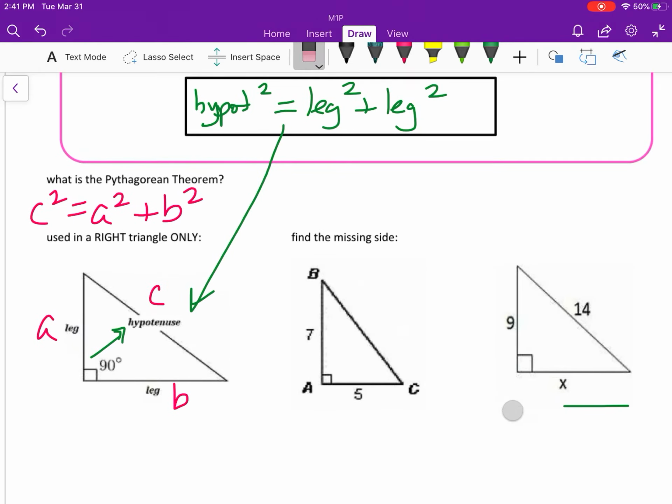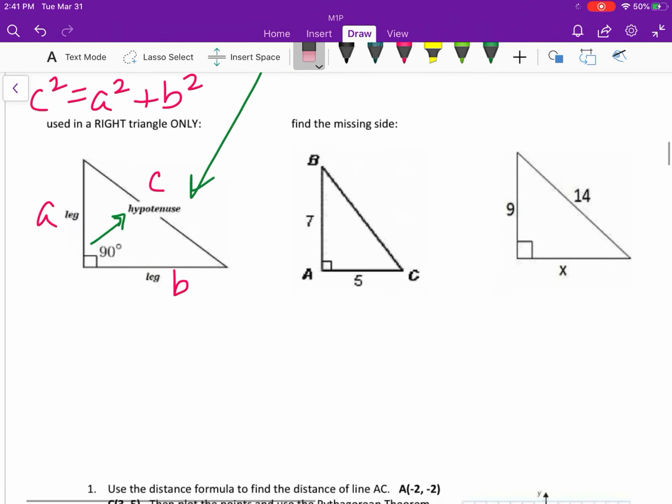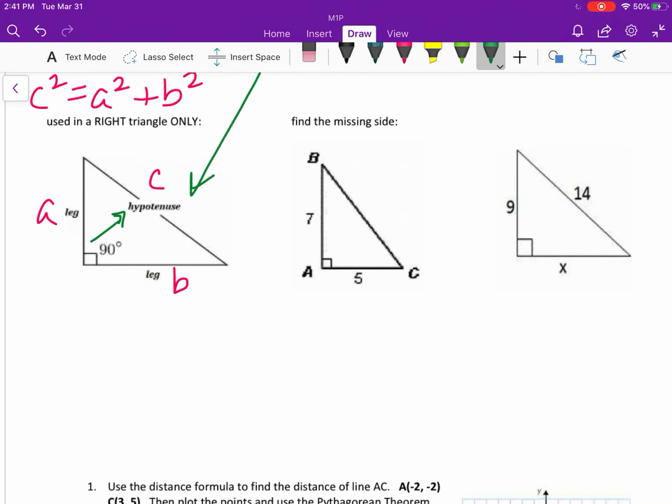Okay? So, if we're trying to find the missing side using the Pythagorean theorem, you'll notice this first one is a right triangle. So, this is what I need here. Well, that's my hypotenuse, so that's my c. And that's going to equal one leg plus another leg, both of them squared.